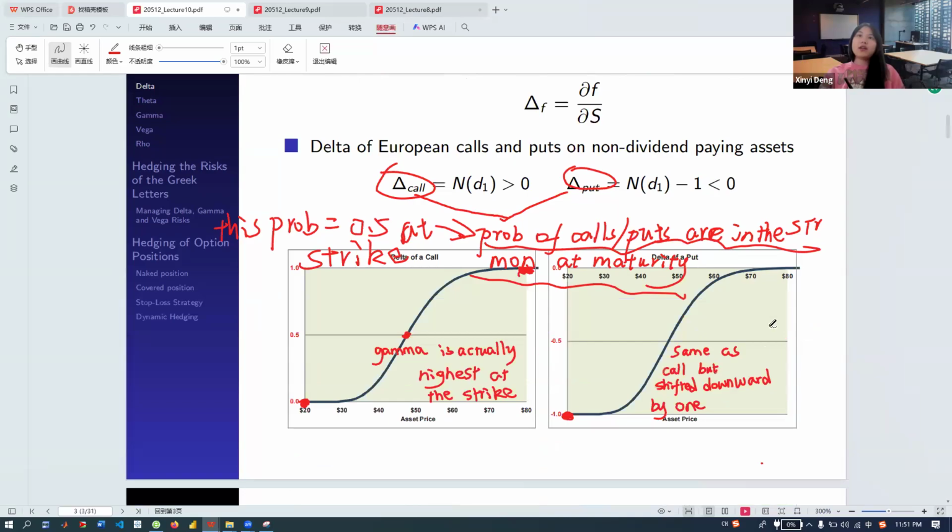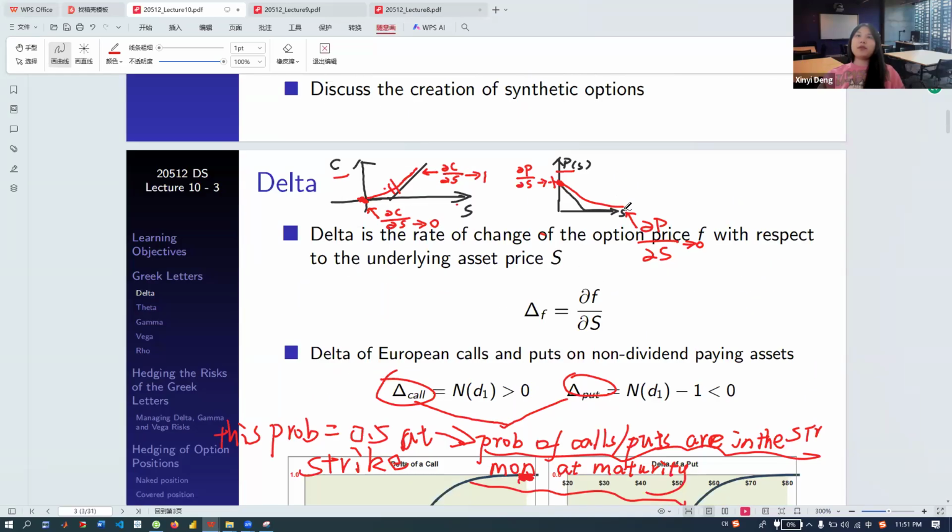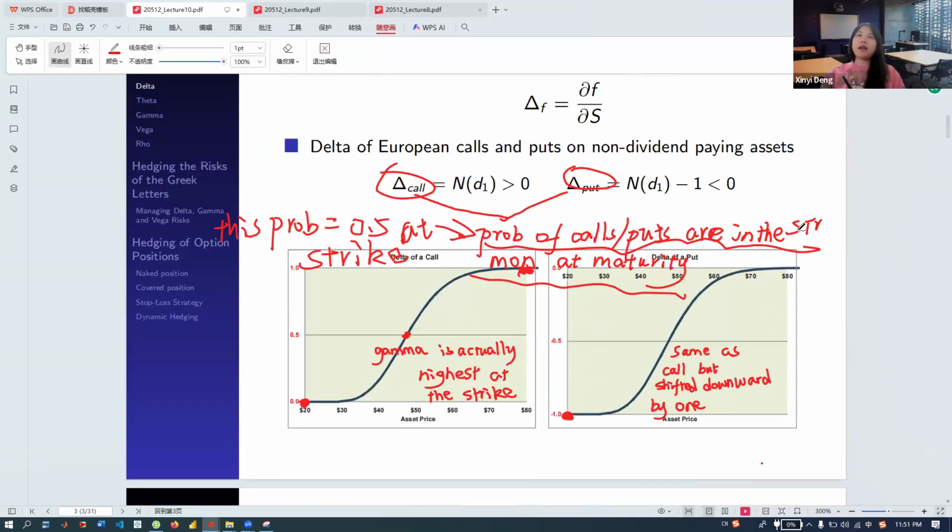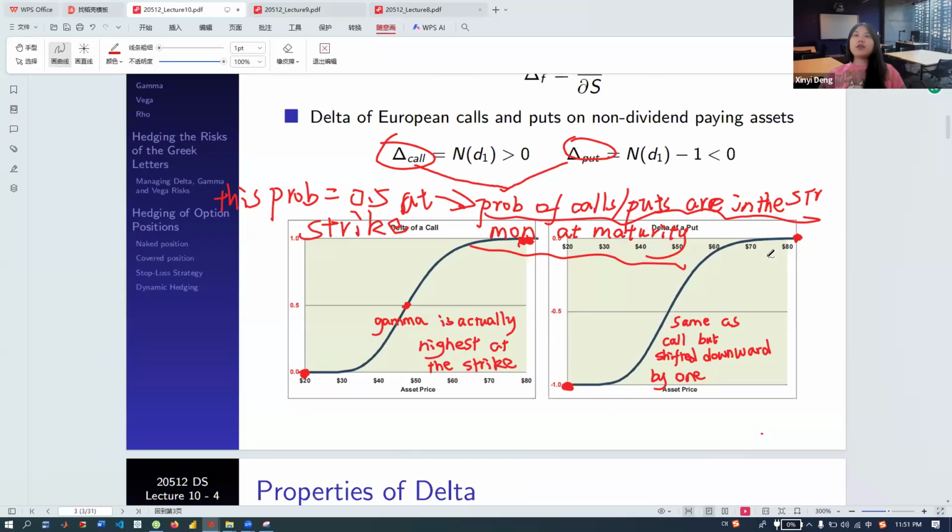So for put options, when the underlying price keeps increasing, the delta, the slope, goes to 0. Therefore, we get this point here.